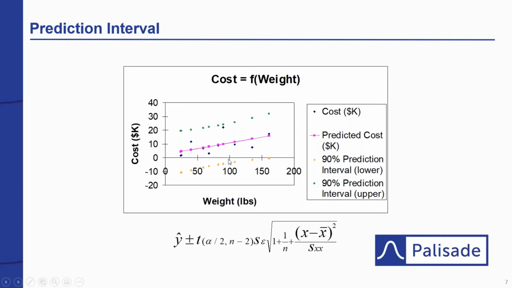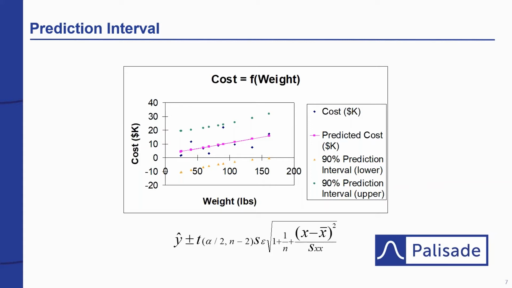Sure, I could grab X, substitute X in the equation, and get a value off of this line, and everything would look hunky-dory. The prediction interval here, which is capturing 90%, is telling me there's a whole bunch of the time where you're below 0. So these are absurd results. And the values are so high up, plus this is just a 90% interval, so there's still a 5% chance of being above or below those values. But it's a handy thing to have done, and I'll include that in my demonstration shortly.